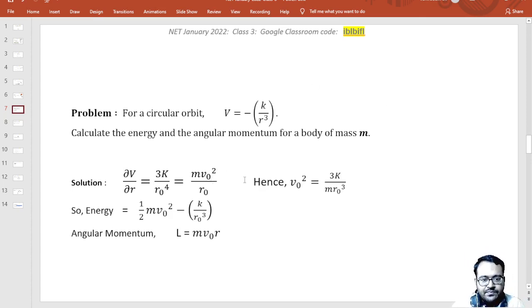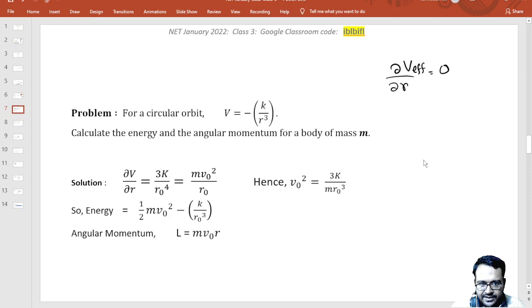So what we do: the derivative of this potential is not 0, but the derivative of V effective is 0. There is a misconception here. V effective is V plus half of L square by mu r square, so the derivative of the potential alone is not 0.